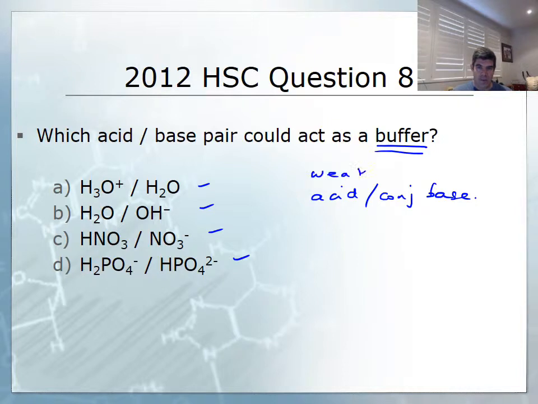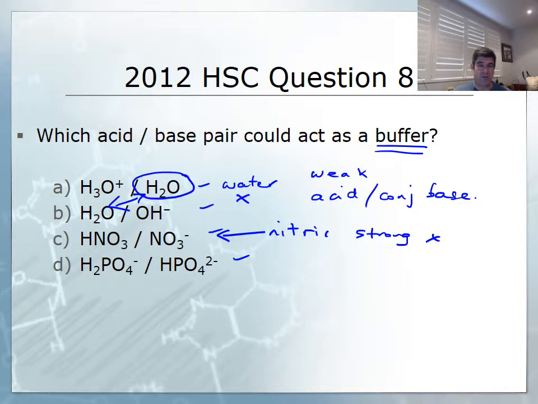We want a weak acid, so one of these already stands out as being not a weak acid. Nitric acid is a strong acid, and because it's a strong acid, it's no good. And these other two are an equilibrium involving water, and we know that water is particularly weak and not a very good choice, and because water itself is weak, its ions are strong, so higher concentrations than we'll have in neutral solutions.